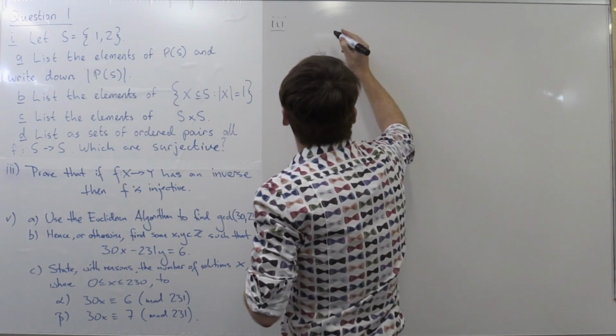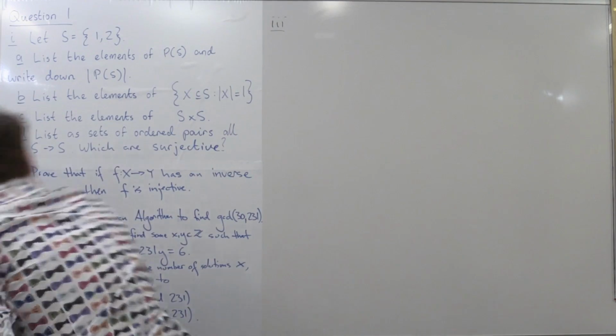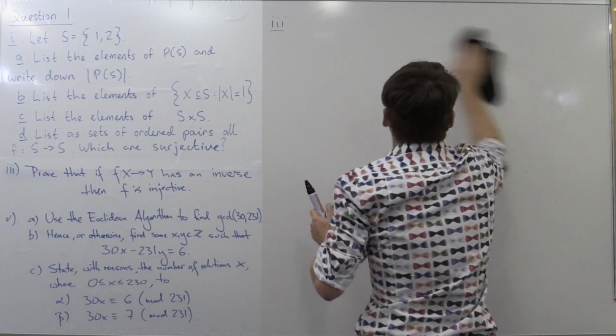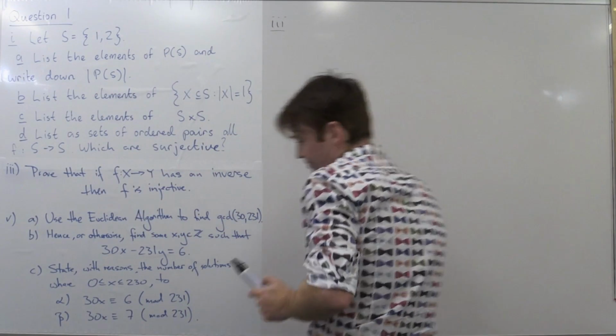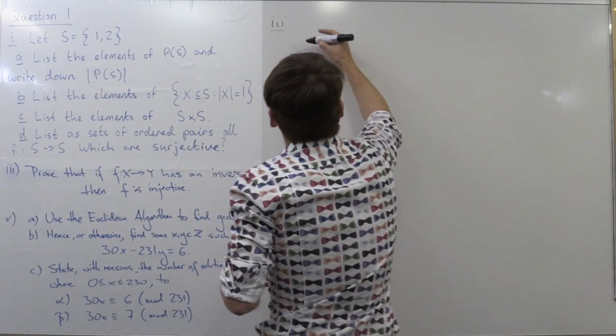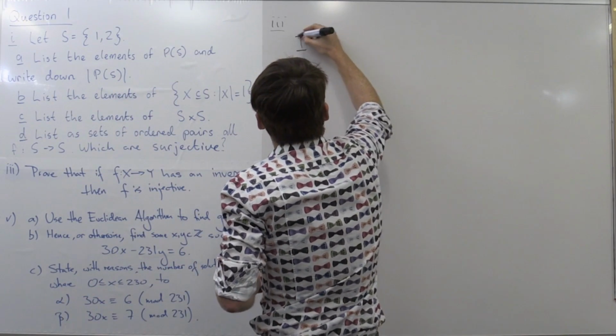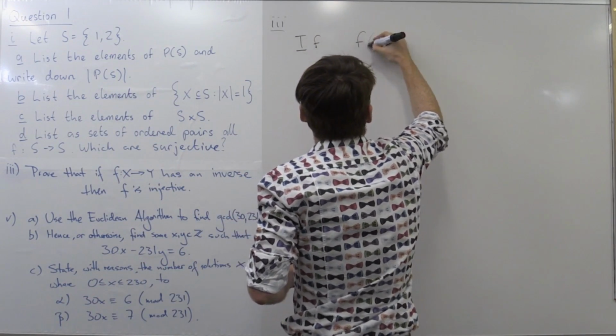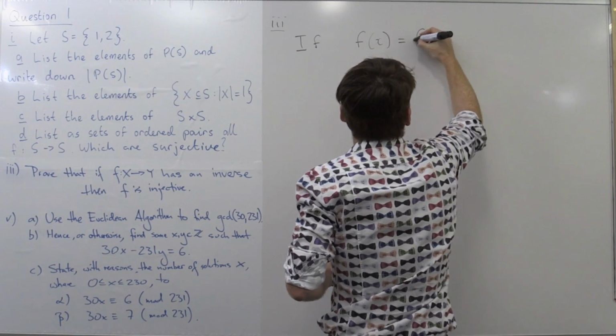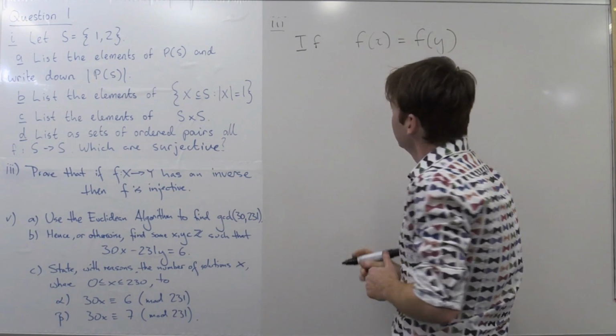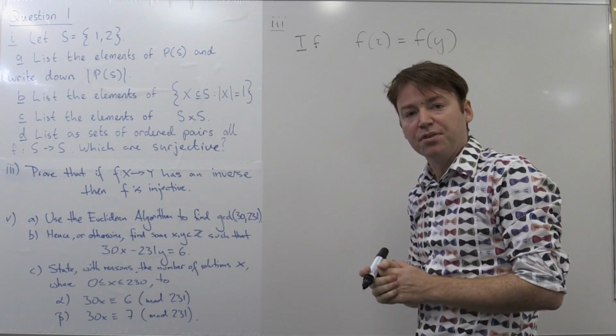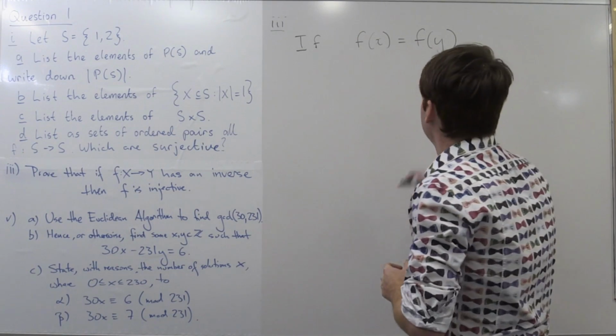So, if f of x equals f of y, somehow I'm supposed to conclude that x is equal to y.